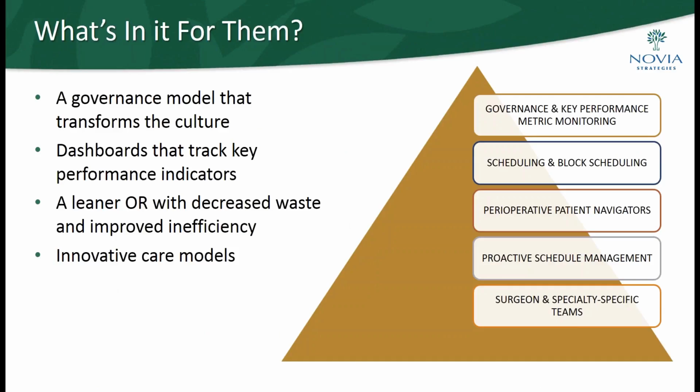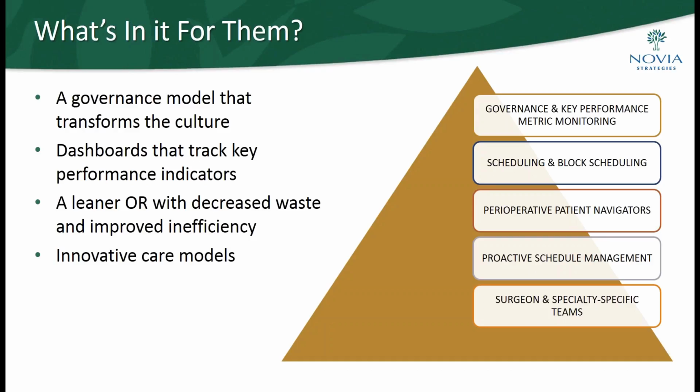So what's in it for the surgeons? A governance model that transforms the culture and really embeds some accountability, and a dashboard where they can track key performance indicators. That OR director now has a dashboard where he or she can track the indicators, and it's shared with the medical staff, and there's a cascading message.